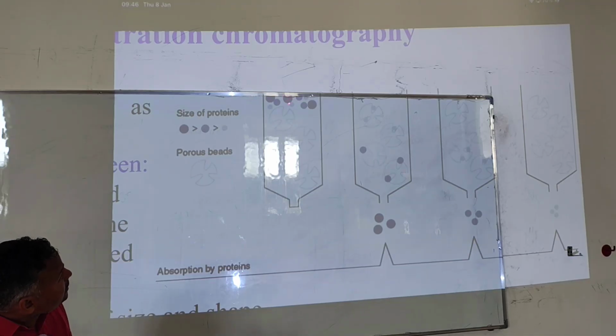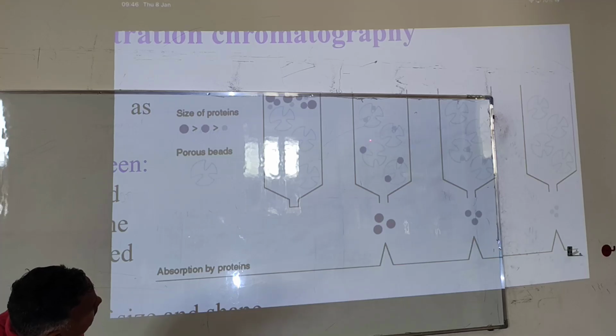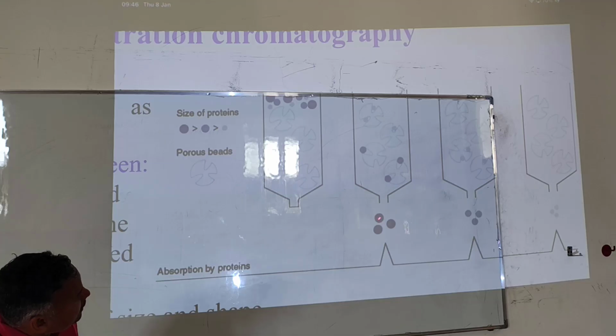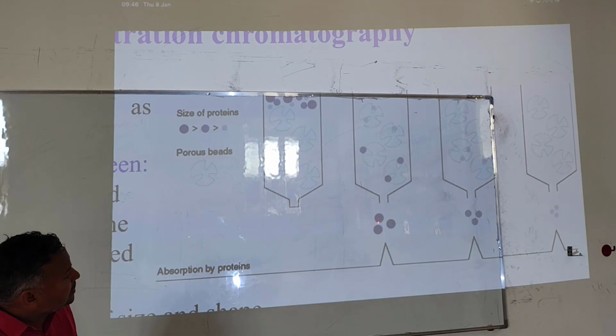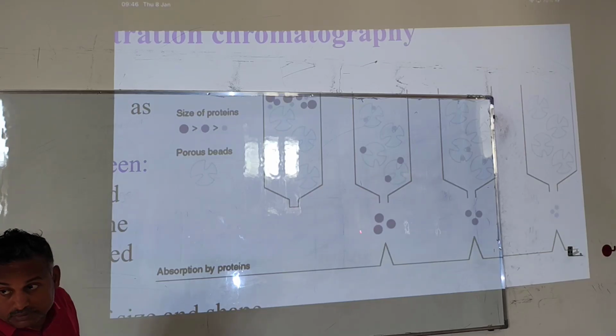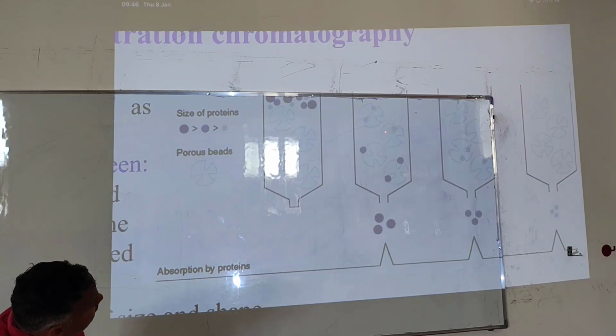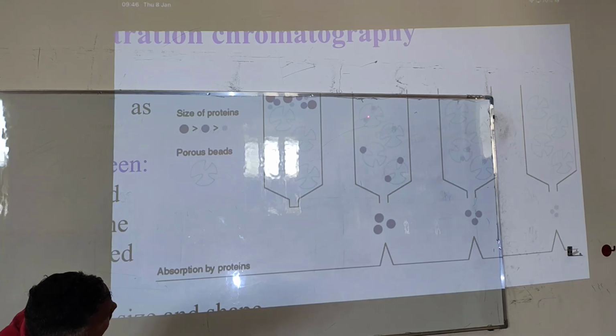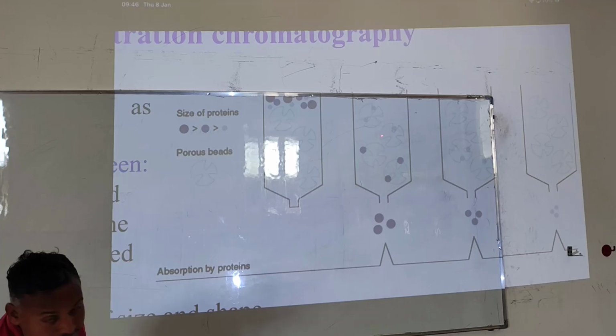When they are passing through the column, you can have a look. The bigger ones are not entering and they are moving faster. In the shortest period, the biggest molecules are coming out. But the smaller ones are penetrated inside the porous beads, and they will move slowly.